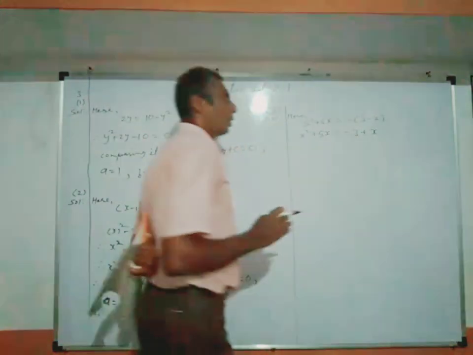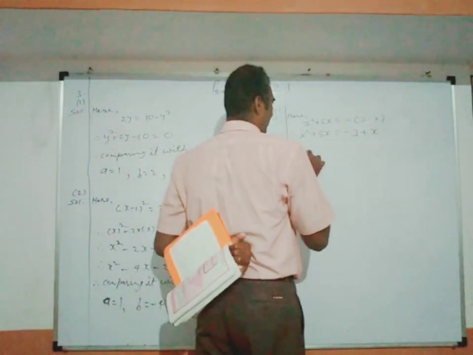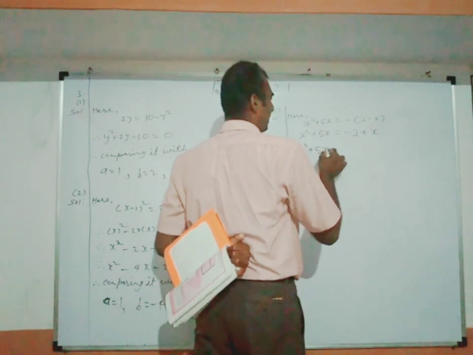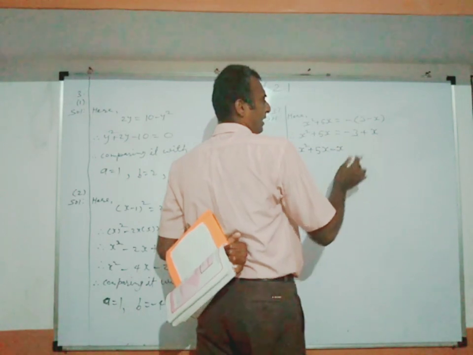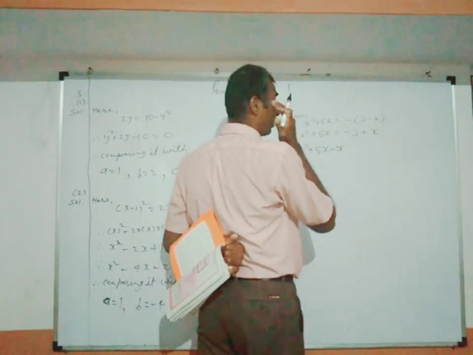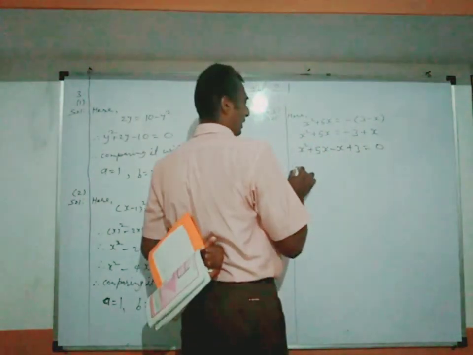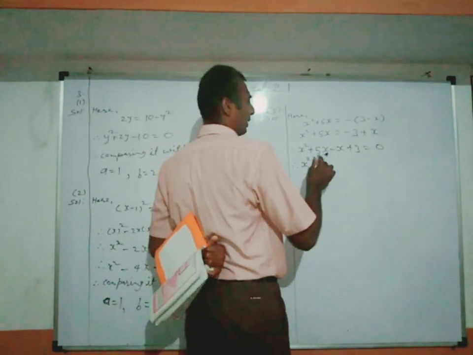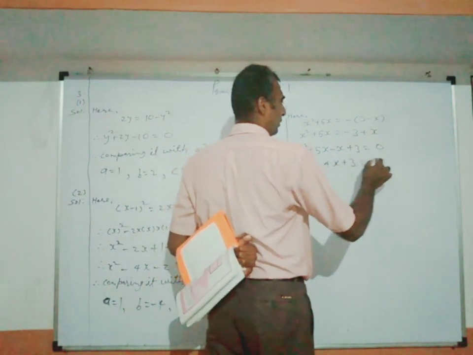Let's transfer all non-zero terms from right to left. Therefore it will be x square plus 5x, plus x from right to left gives us minus x, and minus 3 from right to left gives us plus 3, that equal to 0, and therefore it will be x square plus 5x minus x, that is 4x, plus 3 equal to 0.